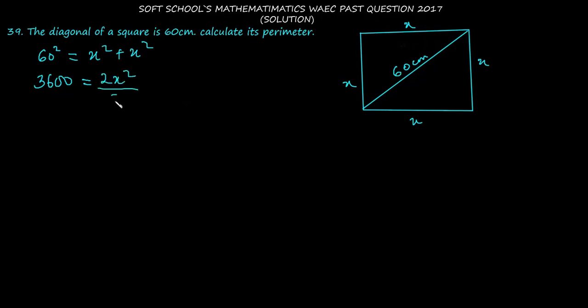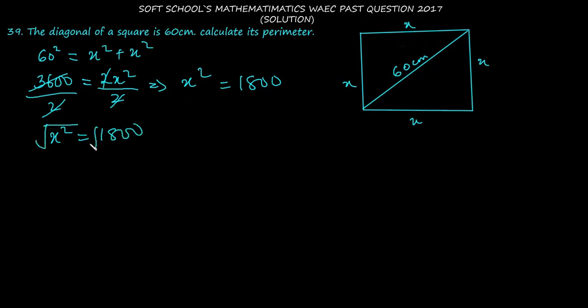3600 is equal to 2x squared. Divide both sides by 2. So x squared is equal to 1800. You find the square root of both sides, so x is equal to the square root of 900 times 2.